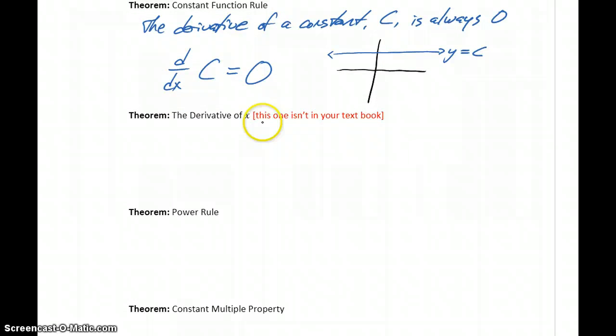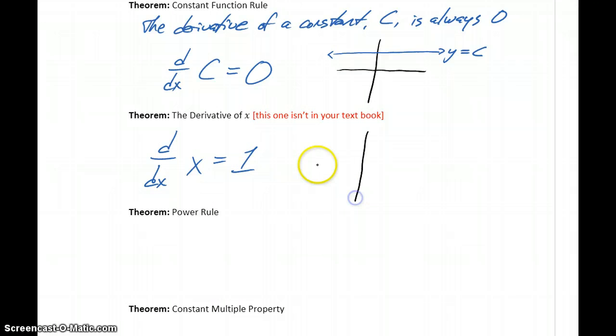We have one property here that isn't provided in the textbook, and that's the derivative of x. So the derivative of x is always just going to be 1. And again, we can look at visually or graphically what we're saying here.